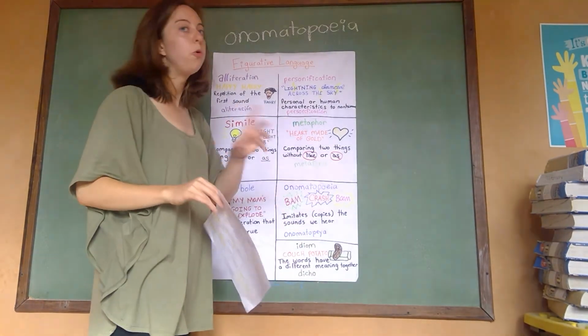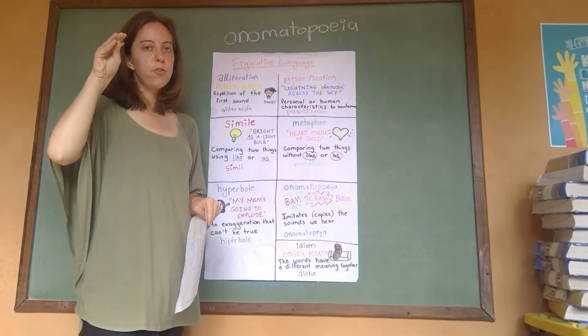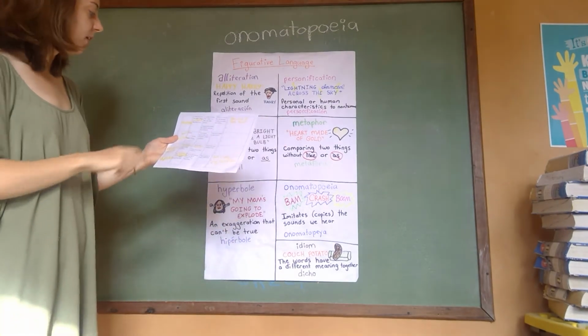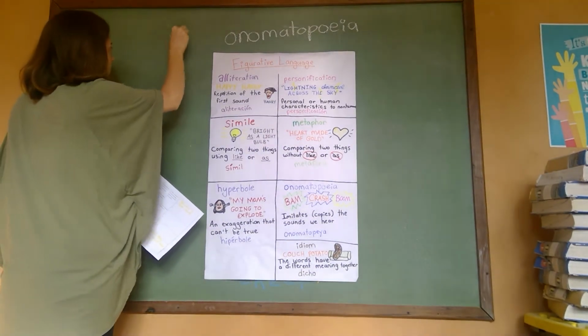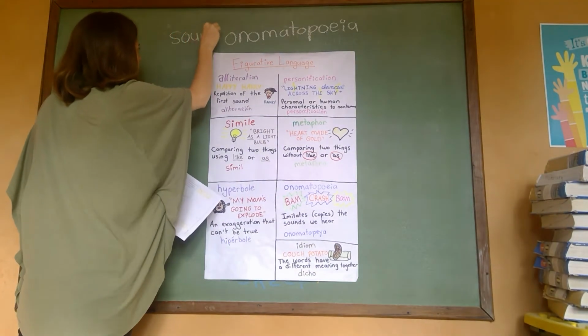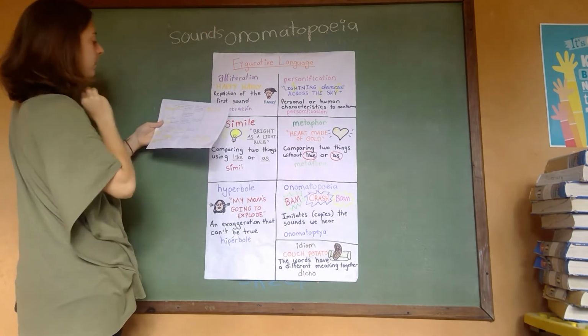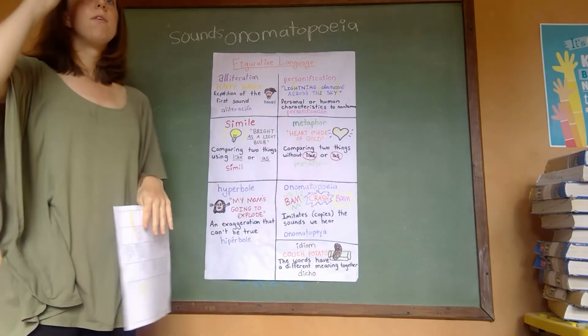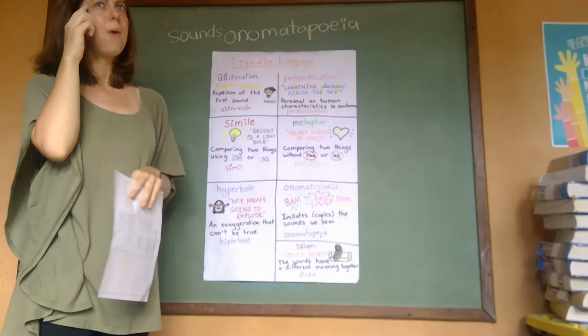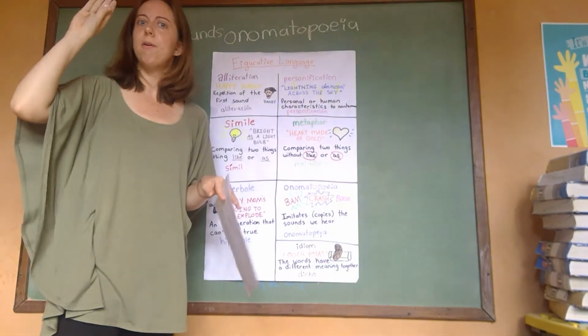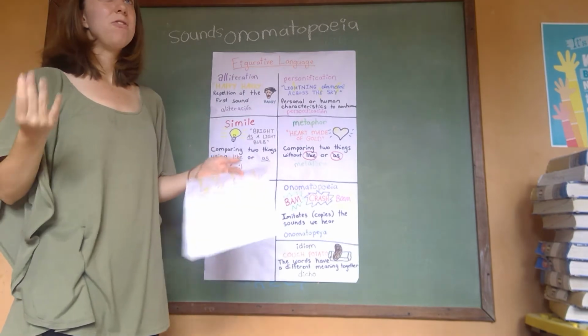Bam, crash, boom, oink, flush. Right? Those are onomatopoeias. So here in the first box it says words whose sounds suggest their meaning, right? Flush. Even if you don't know what I'm talking about, you probably know, oh, that sounds like a toilet. Maybe she's talking about flushing the toilet, right? It should sound just like it.